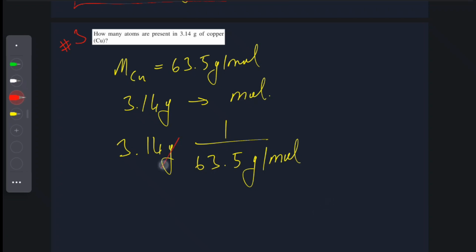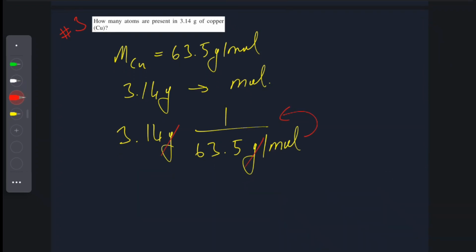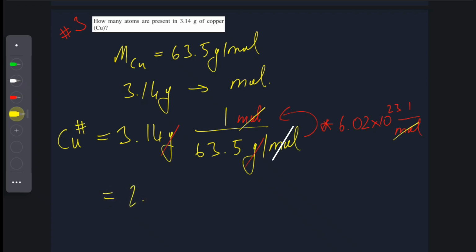Grams will cancel each other since grams are in the same position, but mole is 1 over mole, so moles comes here. And we know the Avogadro's number, 6 times 10 to the 23, 1 over mole, and moles will cancel, so we know the number, and this is equal to 2 times 96 times 10 to the 23 atoms.